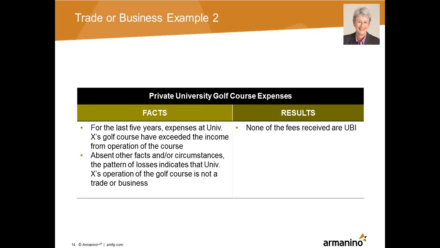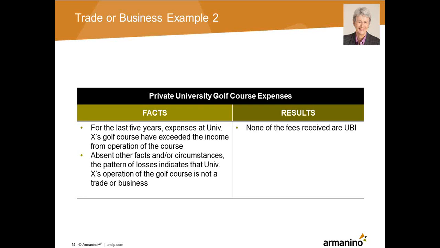So absent other facts and circumstances, because there has been such a pattern of losses, there's a strong indication that University X's operation of the golf course is not a trade or business, because generally entities don't operate trade or businesses that just keep losing money. It happens, but for this purpose, it's not going to rise to the level of trade or business. So the result of this is that none of the fees received are going to be taxed as unrelated business income.